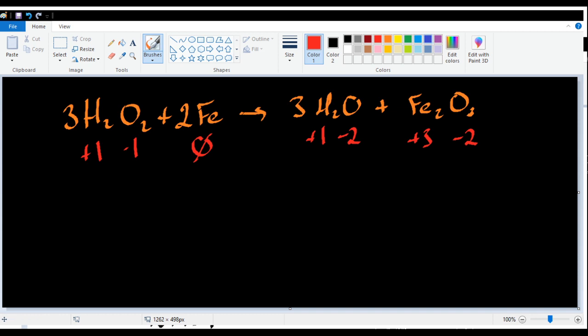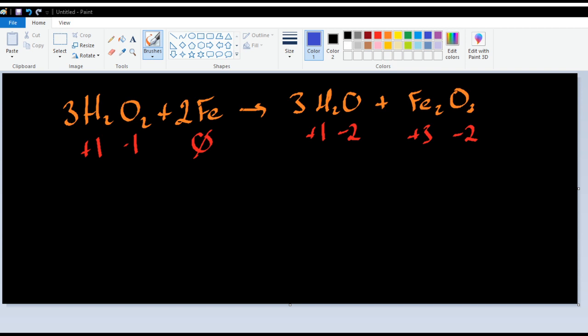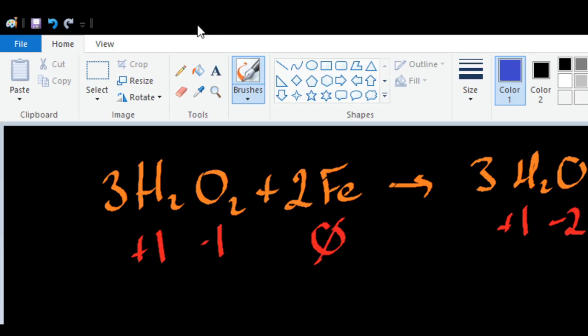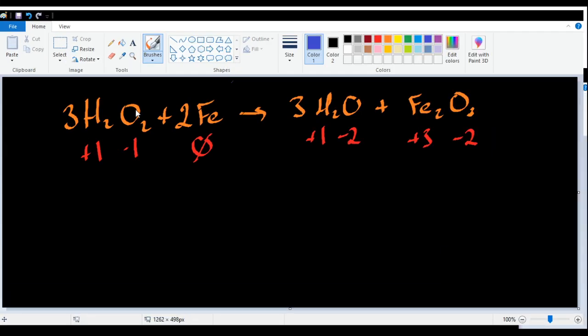So hydrogen's not changing. Iron goes from 0 to +3.